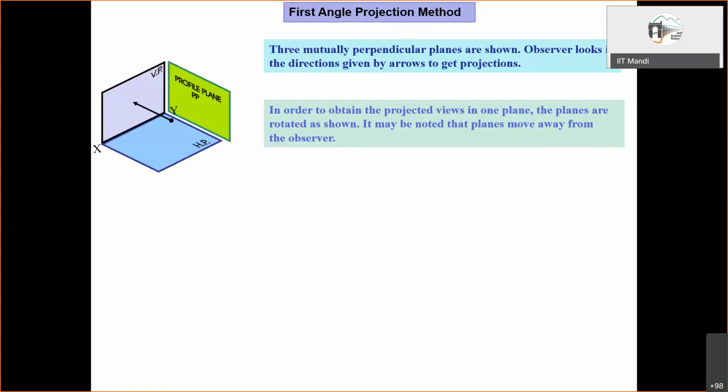As we have been doing earlier, we then have to rotate the projections except for the projection obtained on the vertical plane, that is the front view.